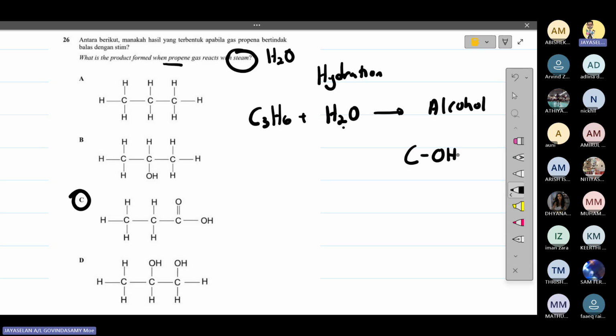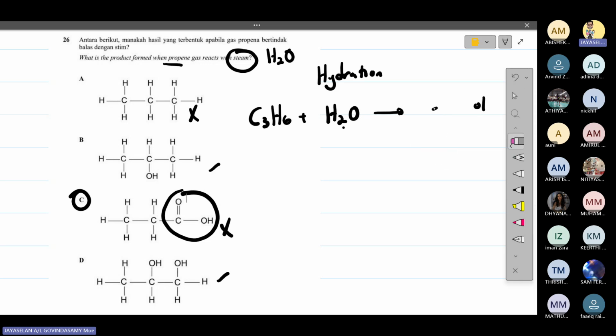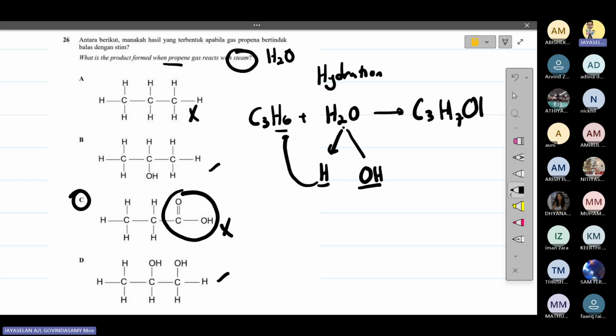Must have OH. So this is carboxylic acid, cannot. It is either this or this only. Okay, so we check how many OH. So here you take out the H, you take out the OH, join here. So you will get C3H6 plus 1, 7. You take the OH and put here. So it has 1 OH. Okay, only one OH, right?